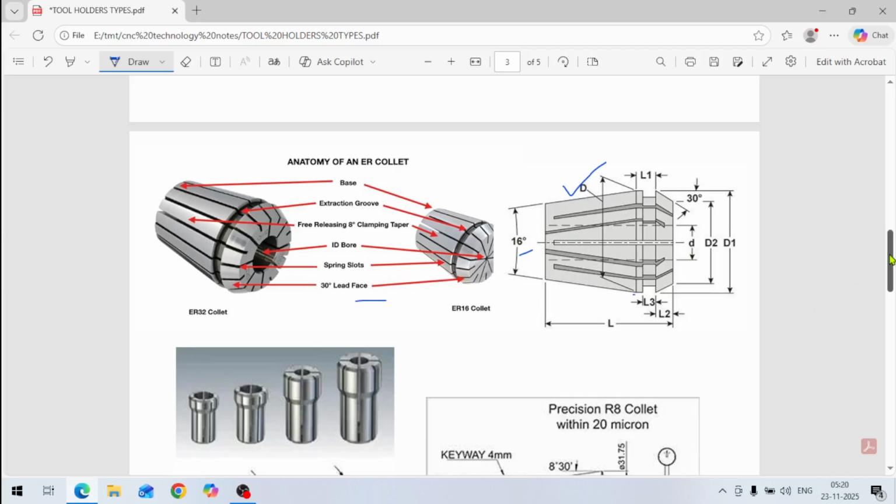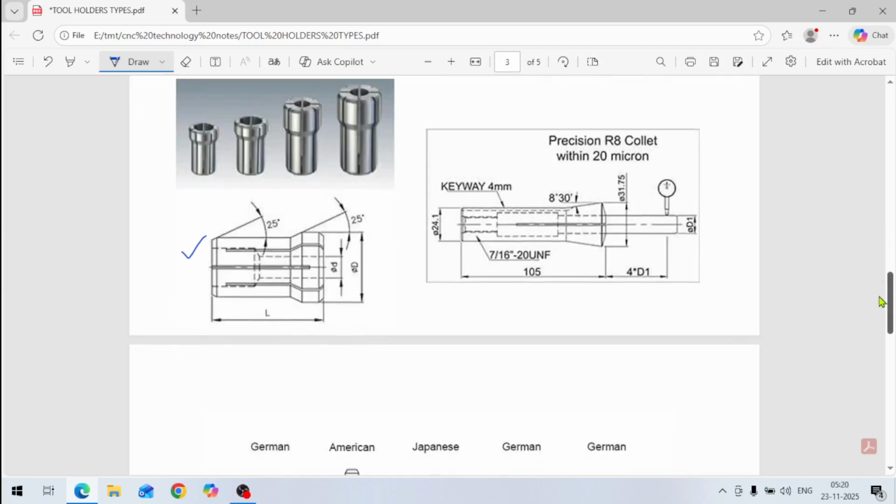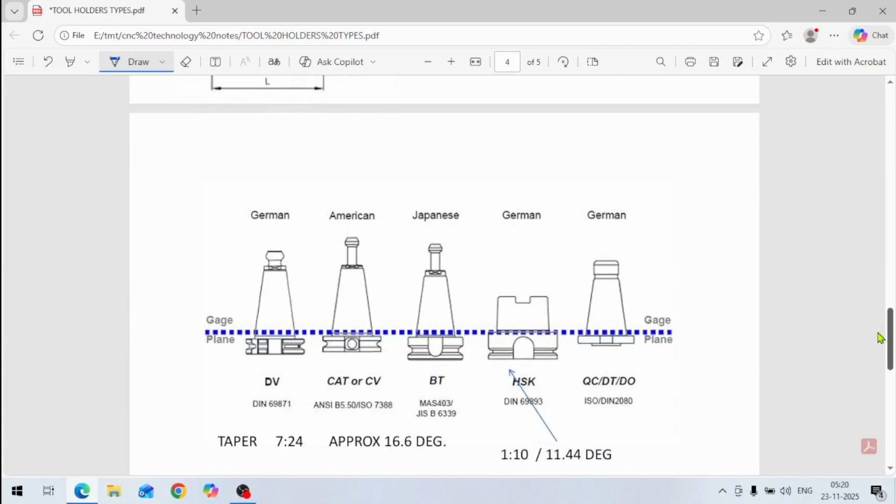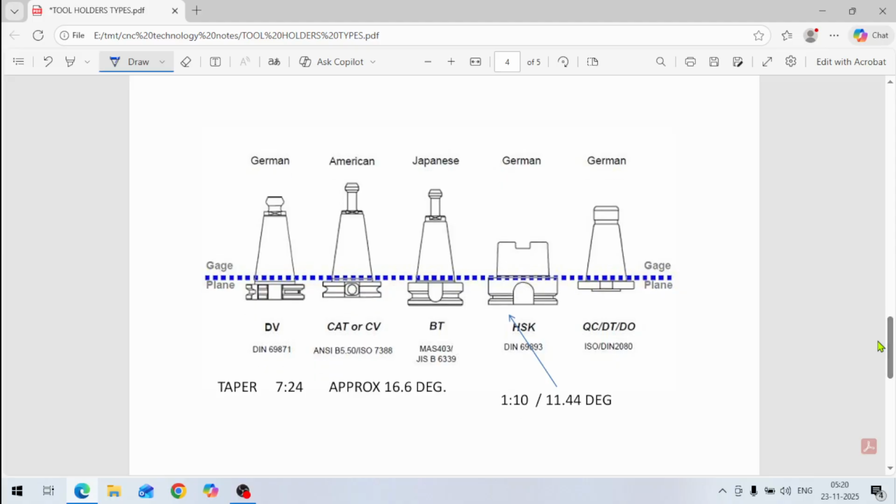Next, if you see here, this is our back portion. The front portion we have already discussed. For the back portion, these are the types of adapters: DV, CAT or CV, and BT taper.